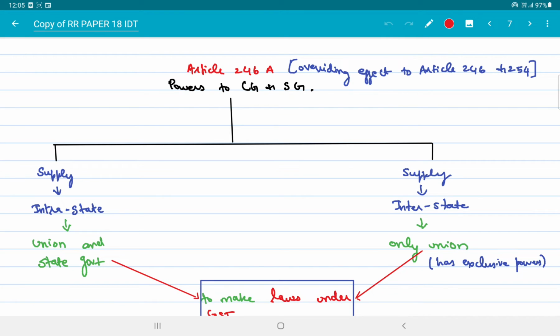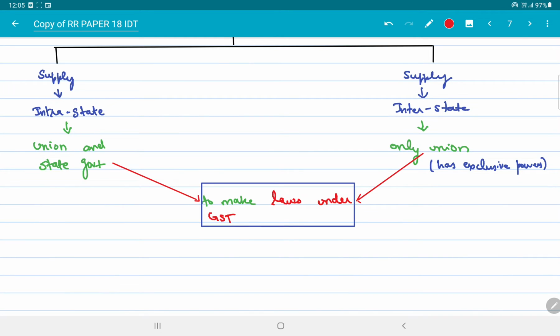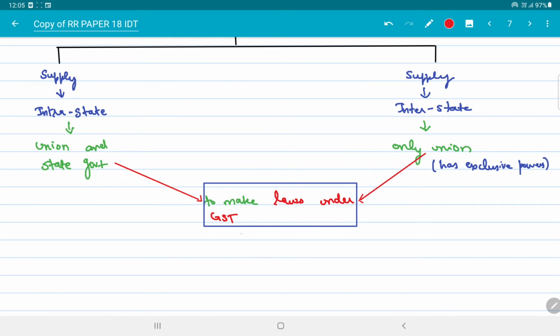So Article 246A gives powers to the central government and state government, telling that if there is a supply of intrastate or interstate, both the union and the state government have power to make law under GST.